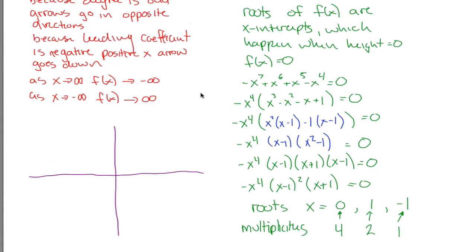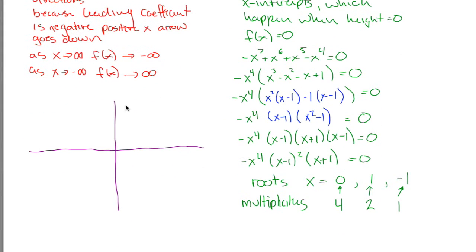But let's see, we have a y-intercept at 0. So we should cross right here. End behavior: on this side the arrow goes down, on this side the arrow goes up. We got roots at x equals 0, which I got already dotted. x equals 1. Got a 1 right there. And x equals negative 1.